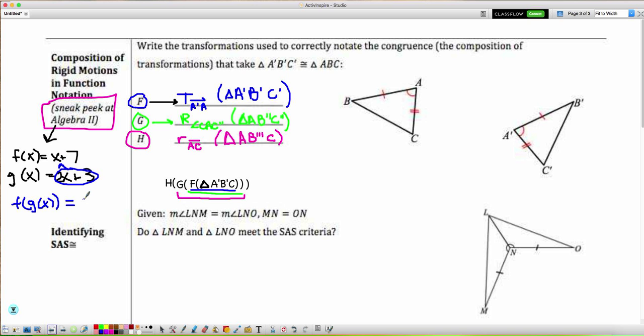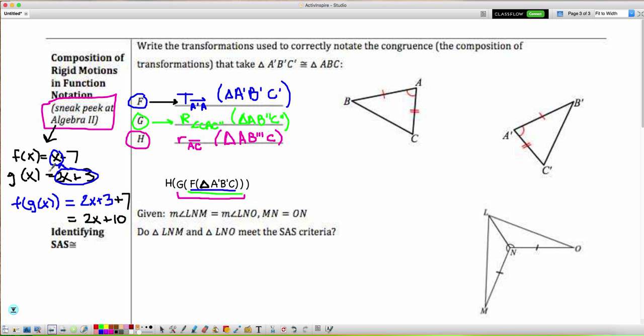So this composition of the functions would end up being 2x plus 3, because you're plugging this into the place of the x, but you still have the plus 7 left over. When you do this composition and then simplify it, you end up with 2x plus 10. So a composition of functions next year will be plugging a function into a function and then simplifying it.